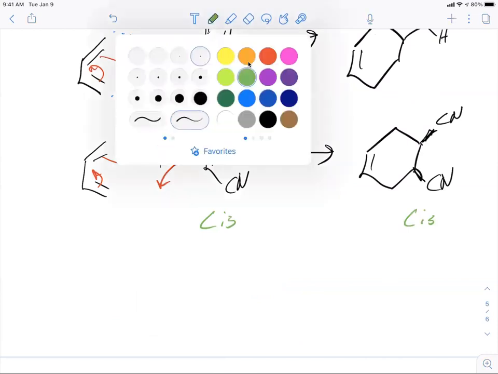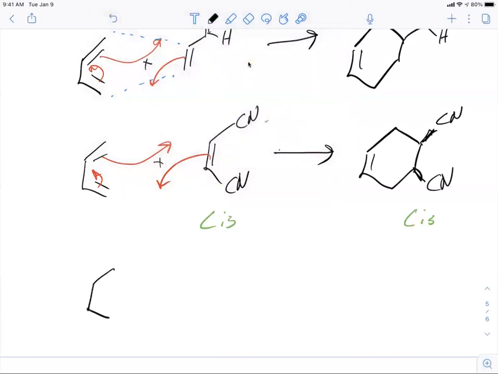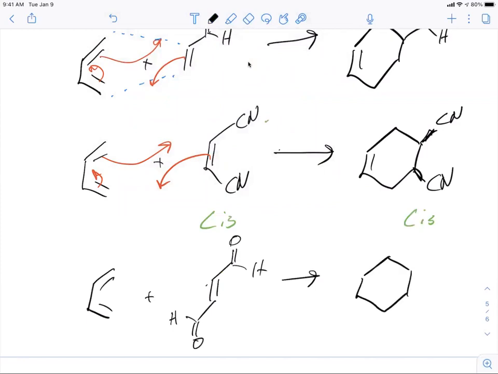If that had been trans, so if I brought in this species, say this dialdehyde, then whenever that reacted, I would see the aldehyde going up and the aldehyde going down.